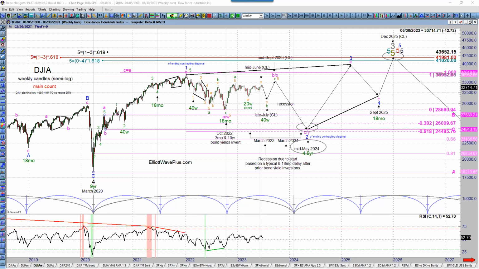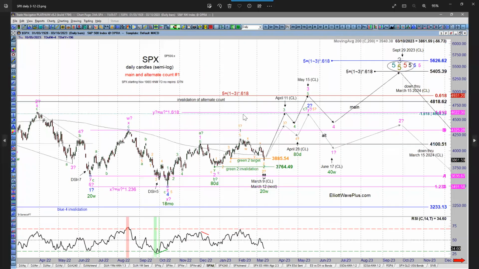A couple of other things I'll show you from going back a ways. This is a screenshot of what I was expecting at the time on the S&P, from March 12th of this year. And you can see I was bullish, all the way through mid-May, May 15th.